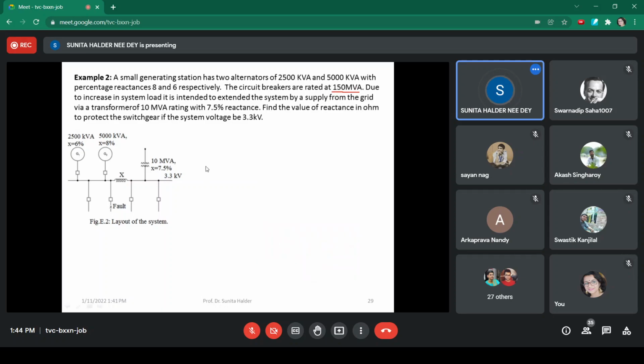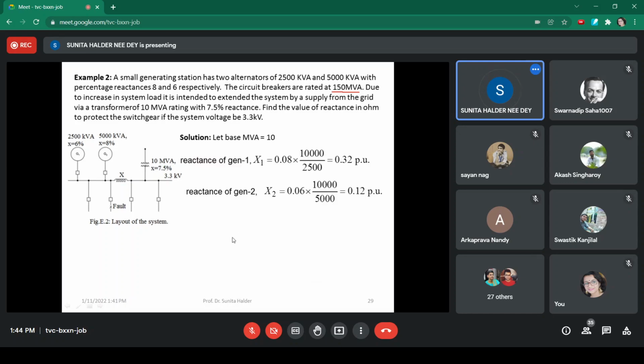Now you see, in absence of the grid, when this grid part was not there, then what was the short circuit MVA? If we assume that base MVA is 10, then the reactance of the generator we can calculate. This is 2500 kVA, 5000 kVA.